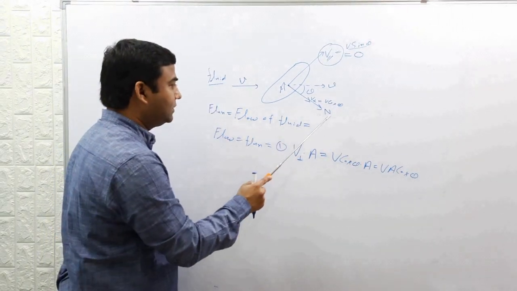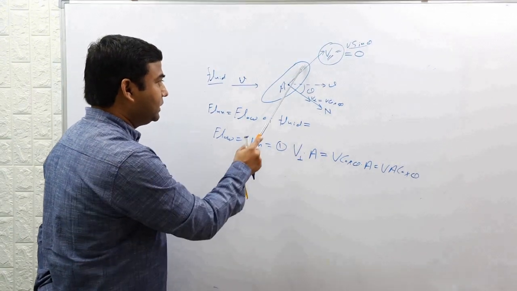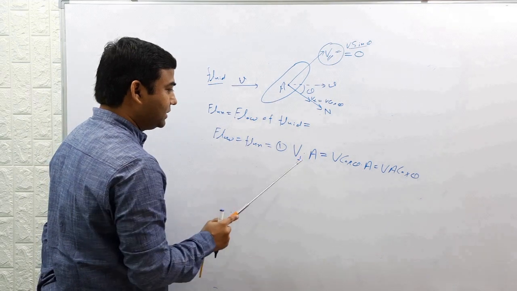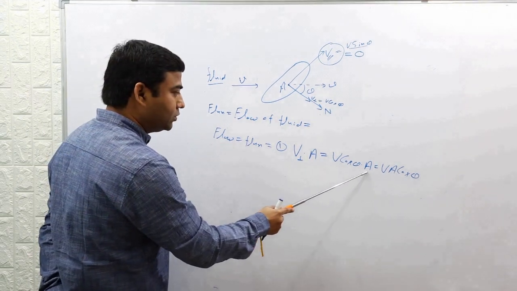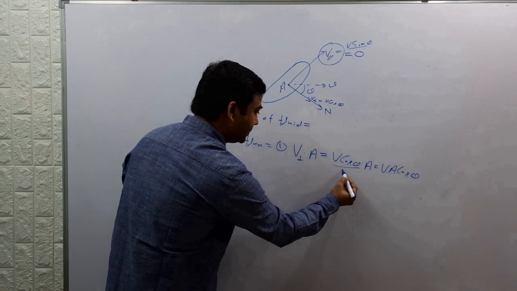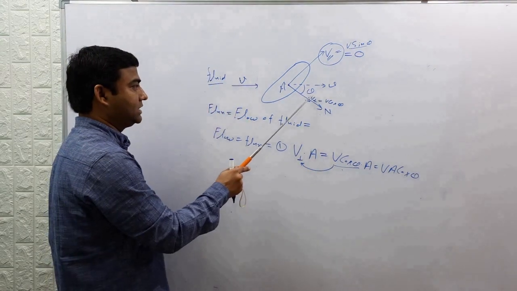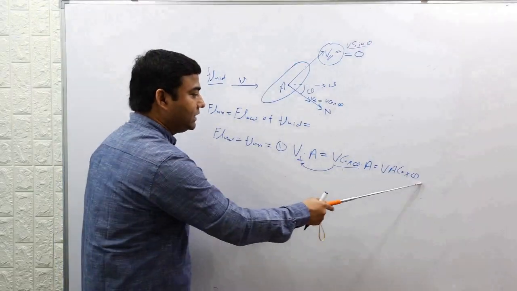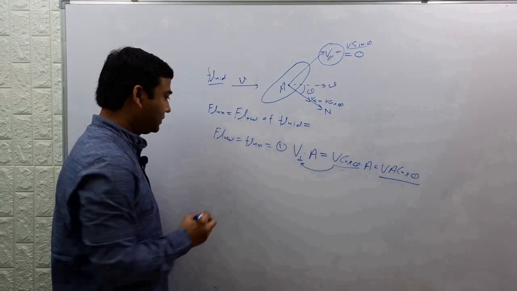The flow because of v cos theta, which is perpendicular to this area A, is v cos theta into A. And we get flow equal to v A cos theta.